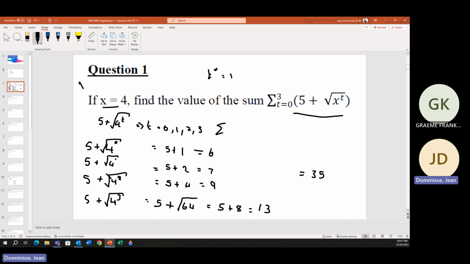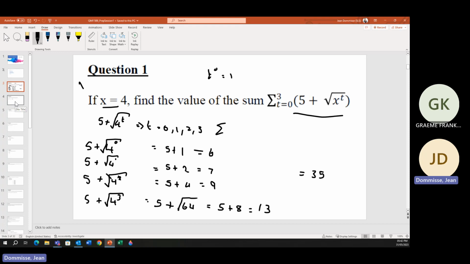Substituting from 0 to 3 means that you need to say, when t is equal to 0, t is equal to 1, 2, and 3, and then you add all of them together. So basic substitution that you did here, and then just the trick in adding all of them together.